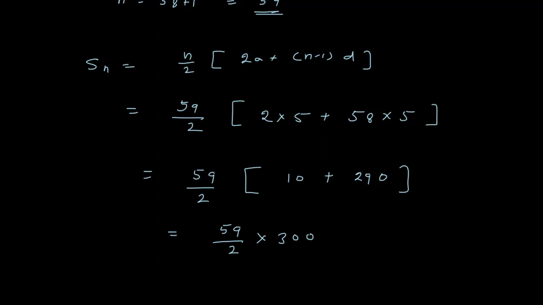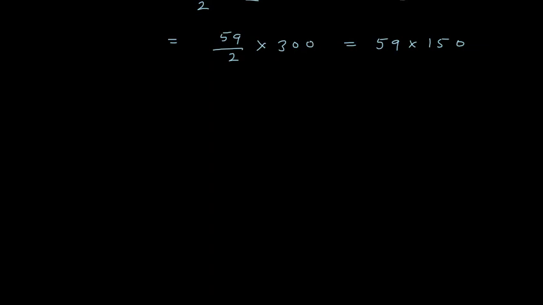So this is 59 multiplied by 2 1s are 2, 2 5s are 10, and this is 0, so 150. So 59 into 150. Now this 0 I will write at the end.